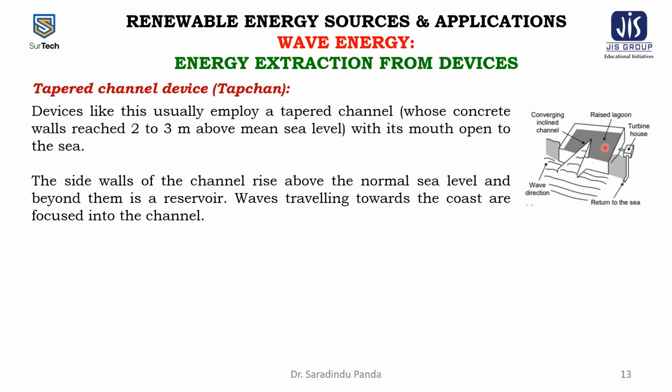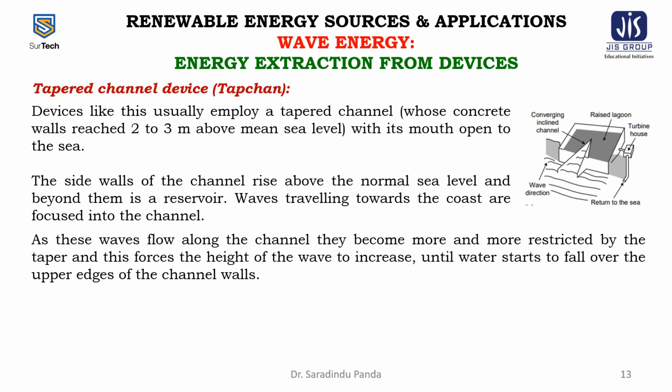Waves traveling towards the coast are focused into the channel. As these waves flow along the channel, they become more and more restricted by the taper, and this forces the height of the wave to increase until the water starts to fall over the upper edge of the channel walls.